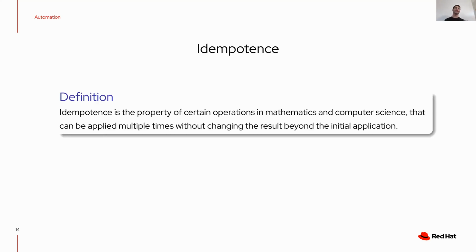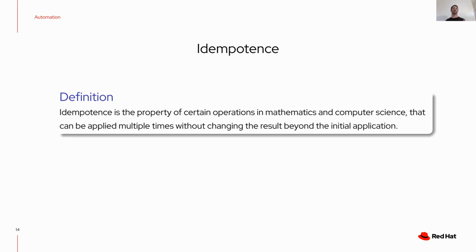And the definition is also fairly academic, because it is the property of certain operations in mathematics and computer science, obviously in our case it's going to be computer science, that can be applied multiple times without changing the results beyond the initial application, which basically means that there are some operations that you can do multiple times and will change the result only the first time, while others will change the result every time.